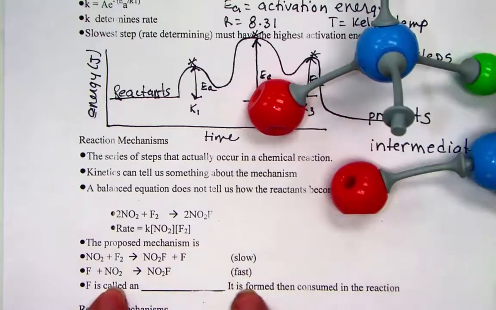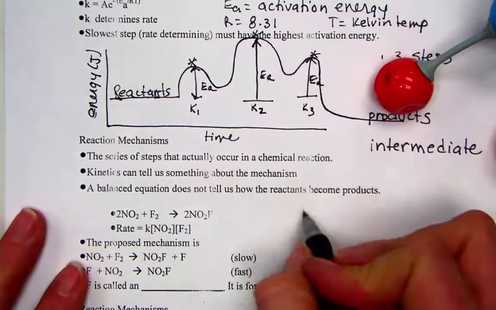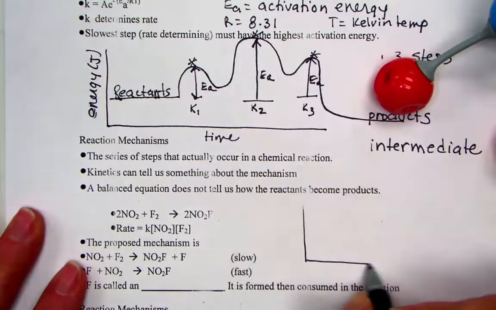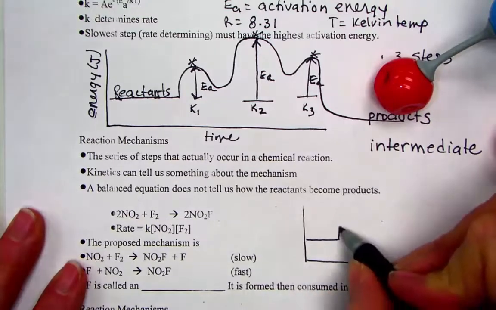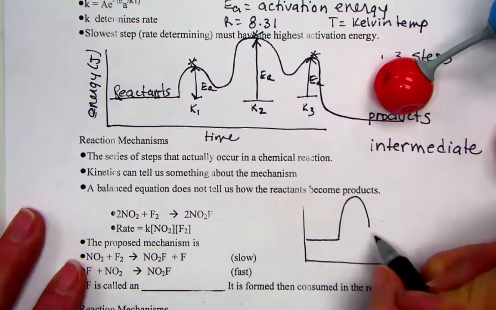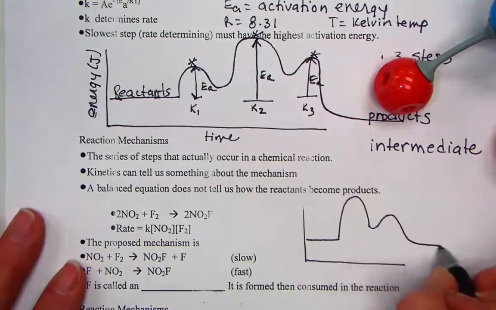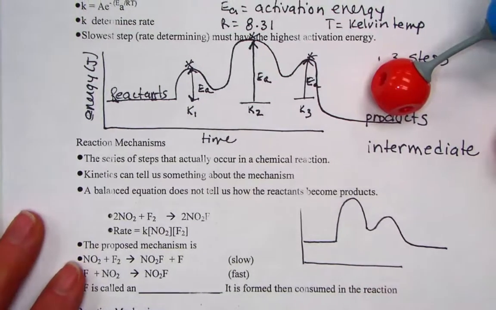In a faster step, which just means it had lower activation energy, the product was then formed with a second unit of NO2F. Thinking about this energy diagram, if the first collision was the slowest, I had the top of the larger activation energy hill, and then I had a smaller hill before I finally reached a product.